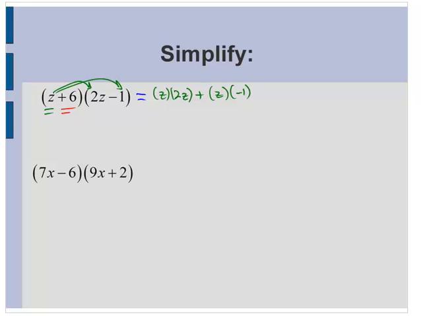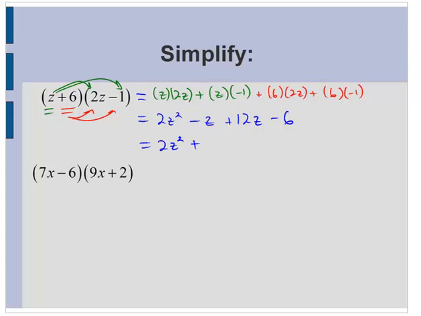Now taking the 6 through, plus 6 times 2z plus 6 times negative 1. z times 2z is 2z squared, plus z times negative 1, that would be a minus z. 6 times 2z would be a plus 12z, and 6 times negative 1 would be a minus 6. Combining the like terms, I'd have 2z squared plus 11z minus 6.